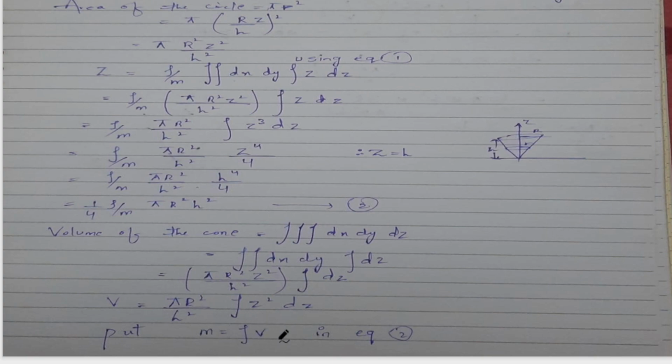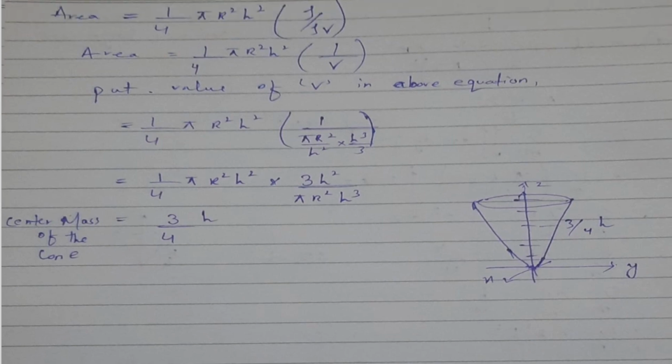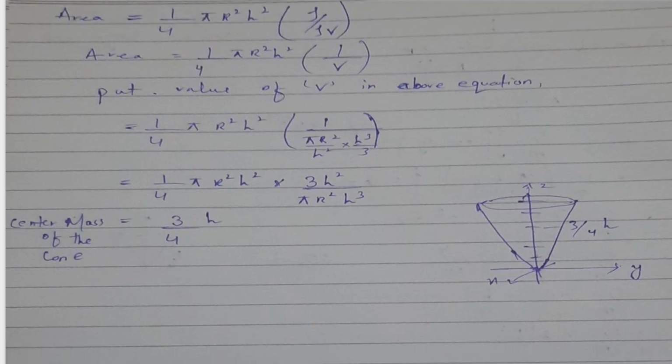Now we have to put this value in equation 2. After putting the value of m, you will get this density and this density will cancel, and we are left with 1 over volume.